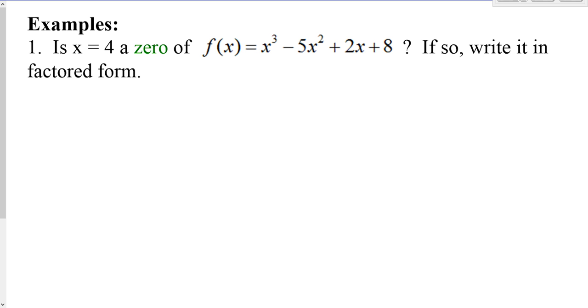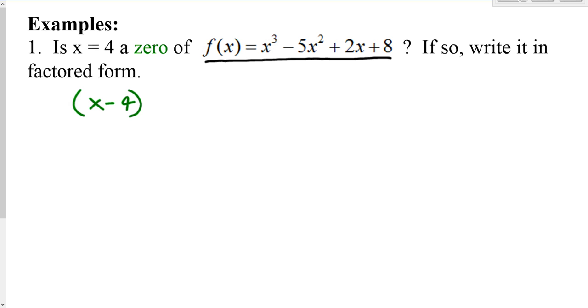Okay, so if x equals 4 is a 0, that implies that x minus 4 must be a factor. So if f of x is equal to that cubic, I want to write that whole piece in factored form. To do so, I want to use synthetic division.